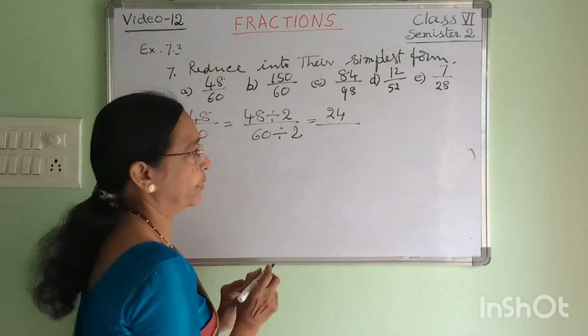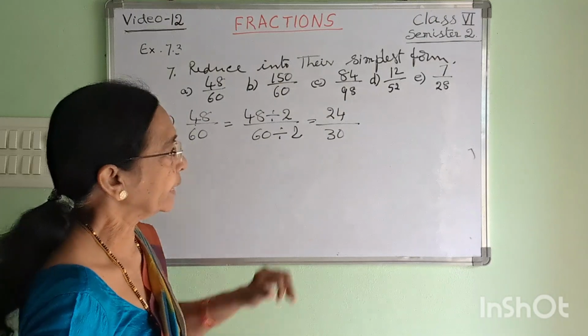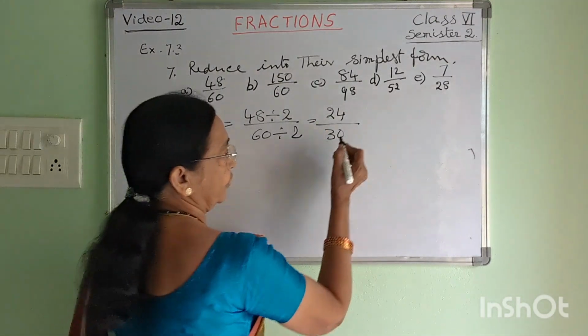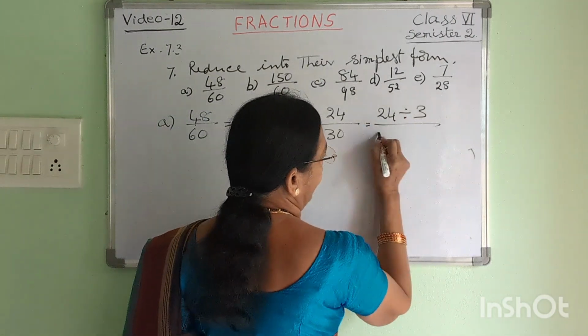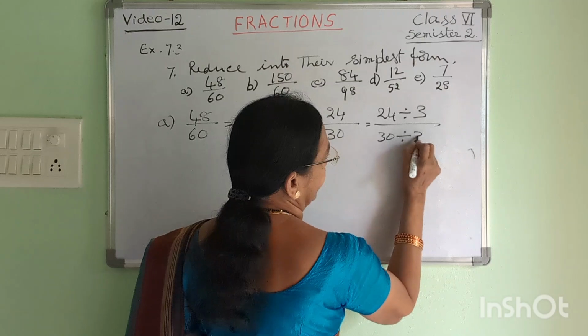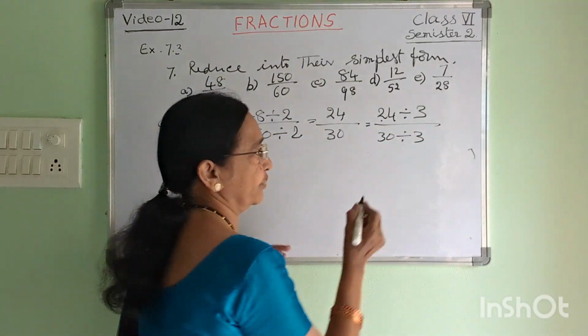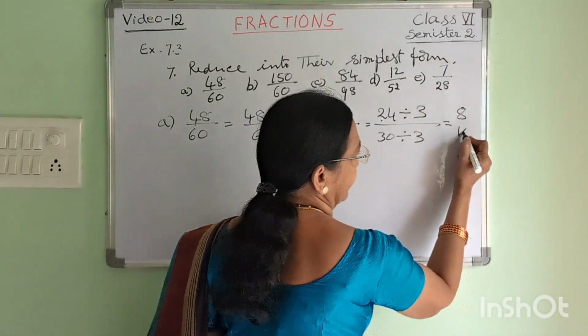And 60 by 2, 30. Again they are divisible. They have common factor 3. Therefore, we will divide 24 by 3 and 30 by 3. 24 divided by 3 is 8. 8 3s are 24. 30 divided by 3, 10.